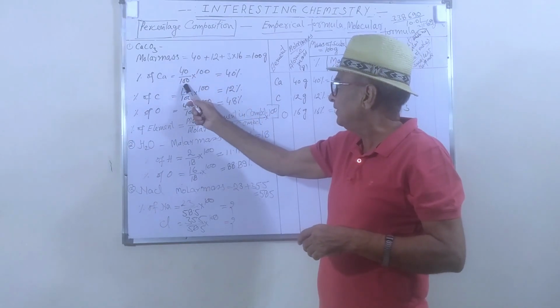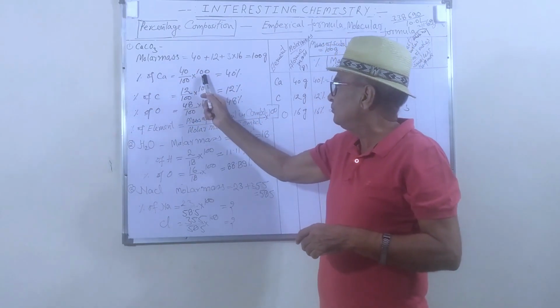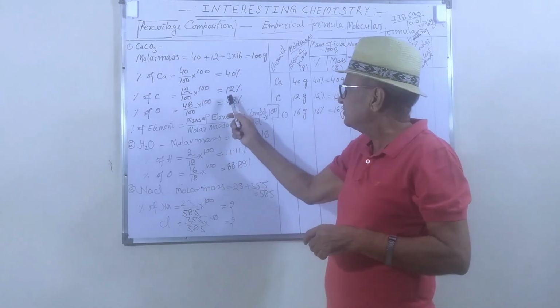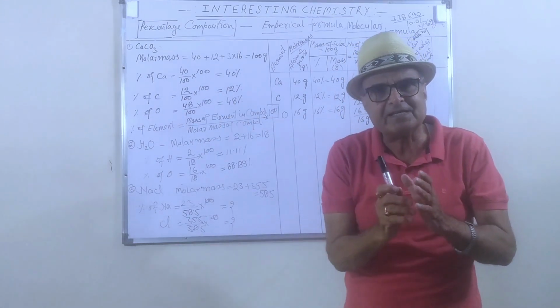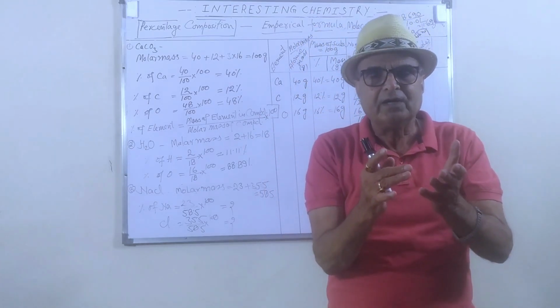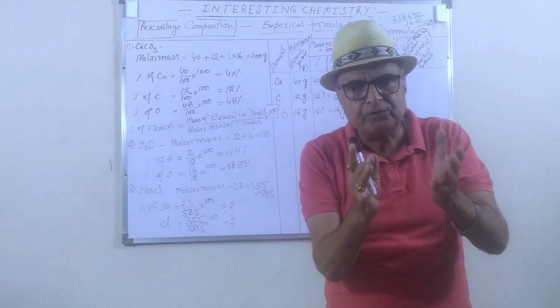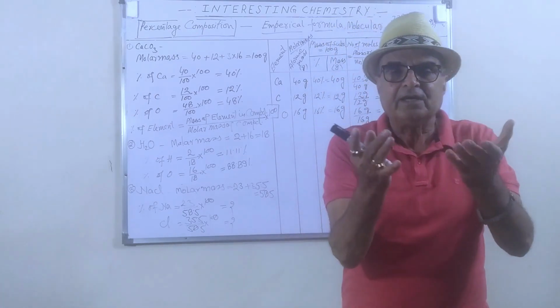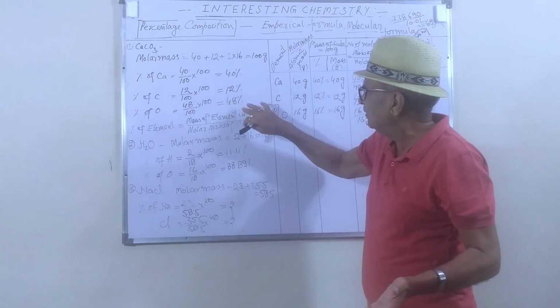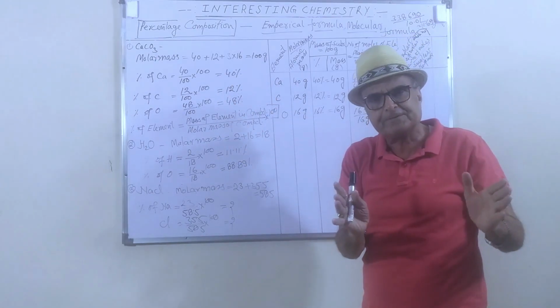So 40 upon 100, you multiply this with 100. It is a very simple example and easy to understand: the percentages are 40, 12 and 48%.